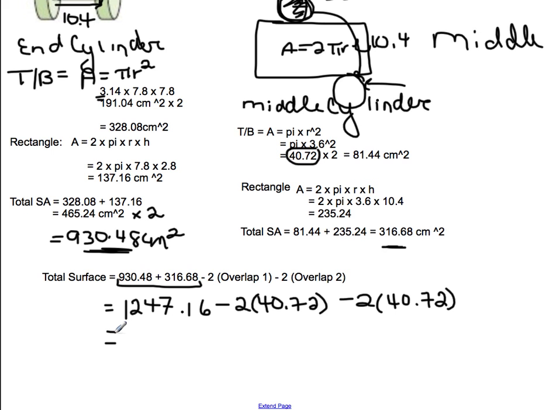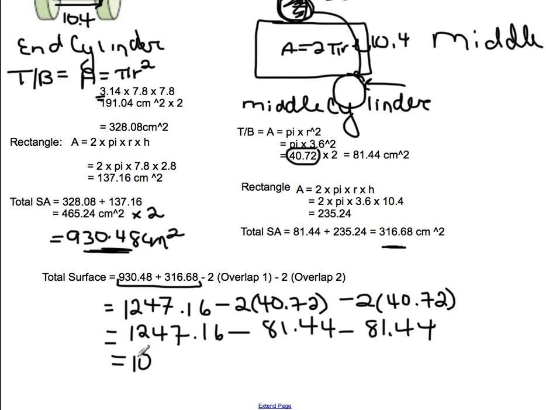When I multiply 40.72 times 2, I get 81.44, and I have to do it twice because there's 2 of those. My final answer is 1,084.28 centimeters squared.